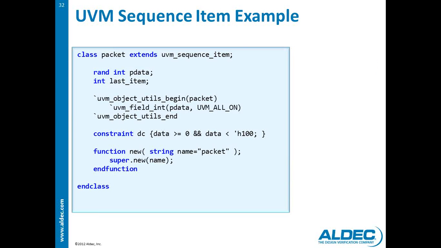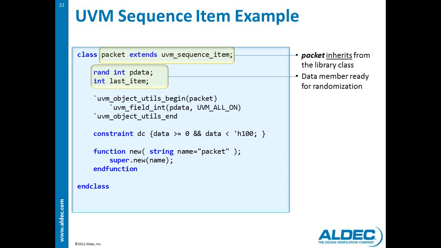Okay, we are entering the last stage of our presentation when we actually see code. So again, to match our suggestion presented earlier, we start at the lowest level, namely packet. Packet, as you see, inherits from UVM sequence item. That's the lowest level that UVM coders should use to represent data.